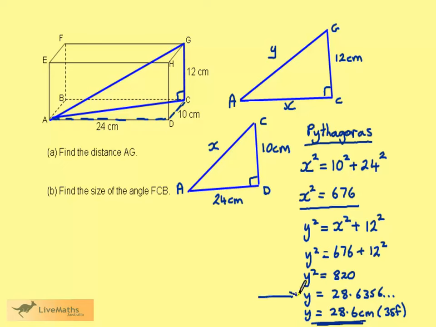When doing 3D problems, very often we need to use values we've worked out again. The value I've just pointed to here, before we rounded to 3 significant figures, we should keep a note of, maybe to 5 significant figures, in case we need to use it in subsequent calculations.